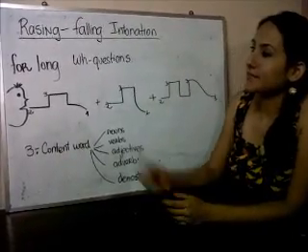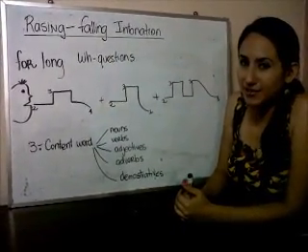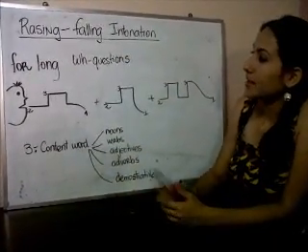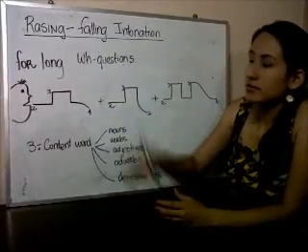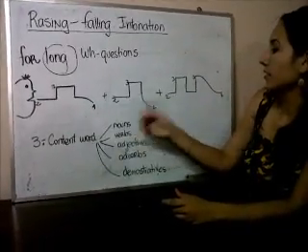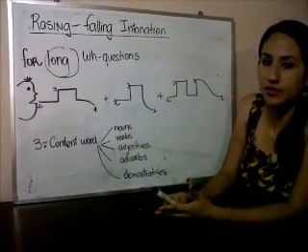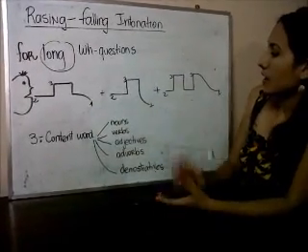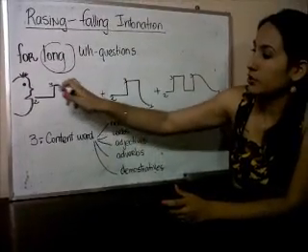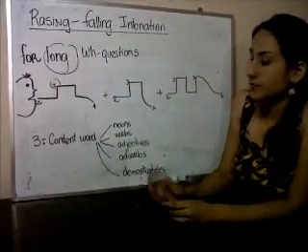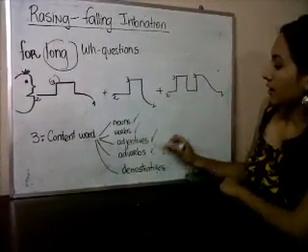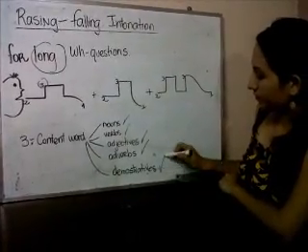And the rising and falling intonation is a combination of rising and falling. It is used for long WH questions. Here we have 3 types of rising and falling intonation. We have to remember that the high level of pitch could be a noun, verb, adjective, adverb, and demonstrative.